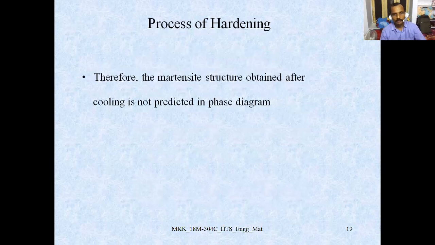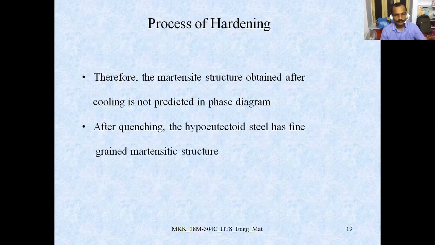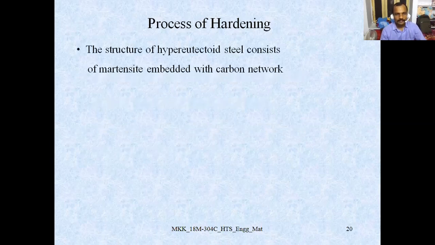So therefore, the martensite structure obtained in cooling is not predicted in the phase diagram. So after quenching, the hypoeutectoid steels have a fine-grained martensitic structure. So the structure of hypereutectoid steel consists of martensite embedded with a carbide network.